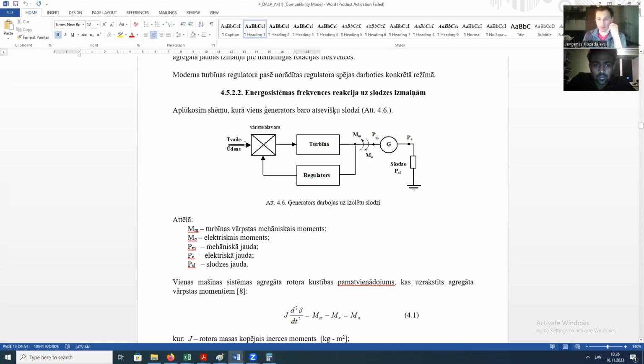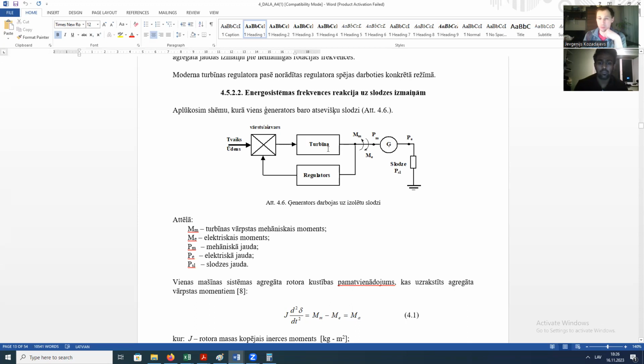So in this case, the primary energy source, then the turbine, steam turbine or water turbine, rotates the generator. And we have the regulator, the control unit, to control our turbine power, to control generator power.